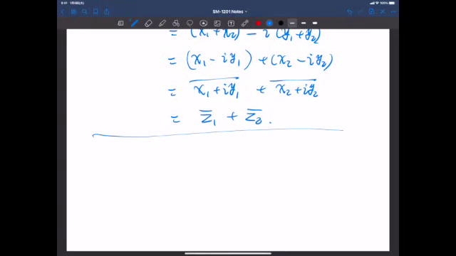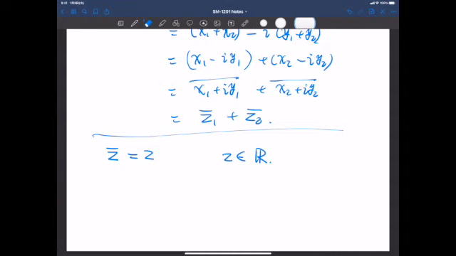Next, z conjugate is equal to z if and only if z is a real number. Okay, so this is if and only if. So to prove this, we have to prove both directions.